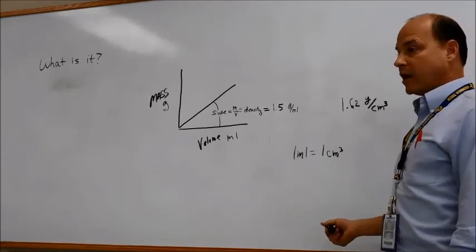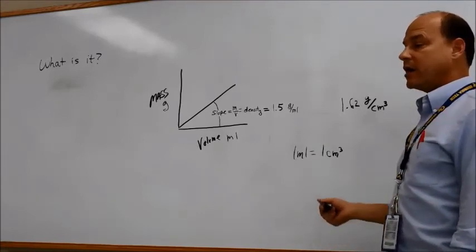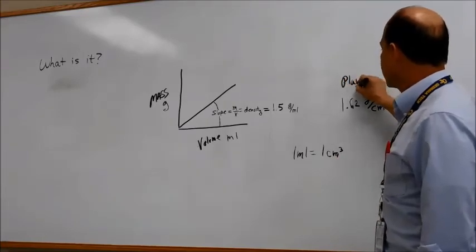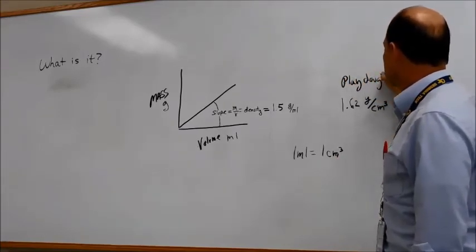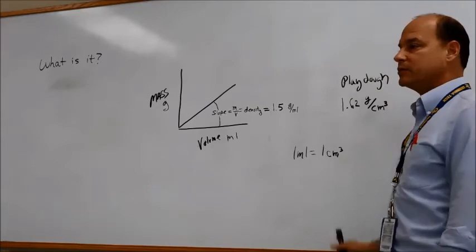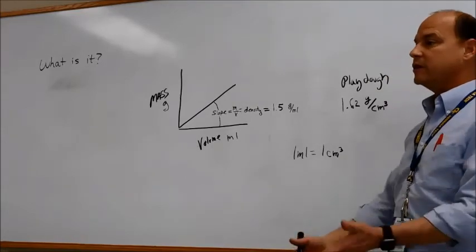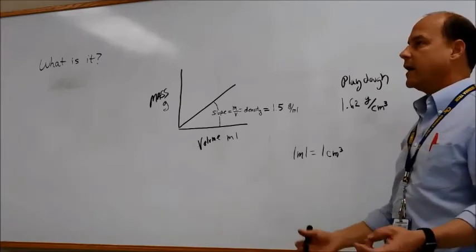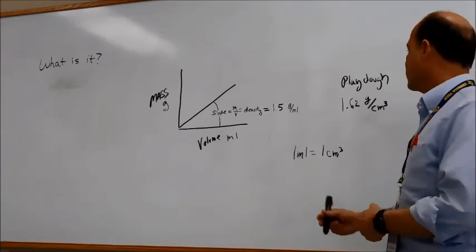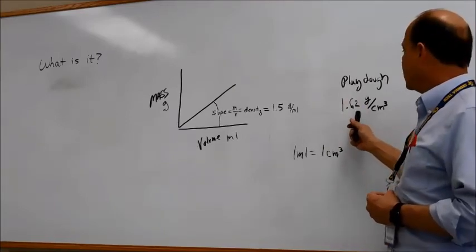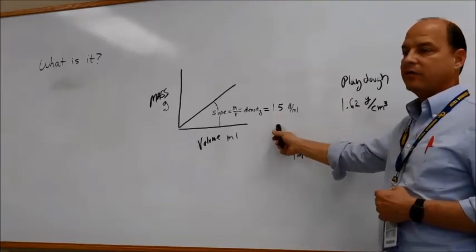So you would write in your paragraph, I predict that my unknown substance was Play-Doh, because I found on the internet, and then you state your source, say, I don't know, the Artists Guild reported the density for Play-Doh as 1.62. And that came close to my value of 1.5.